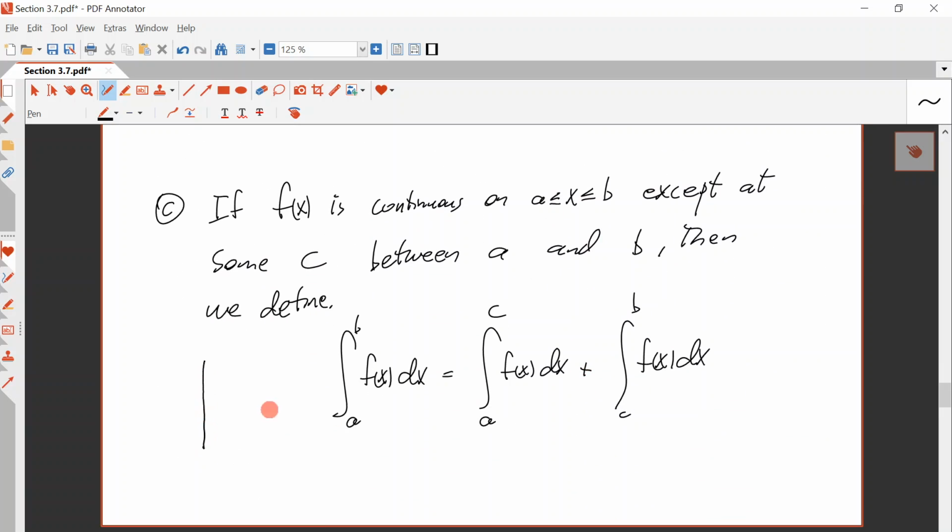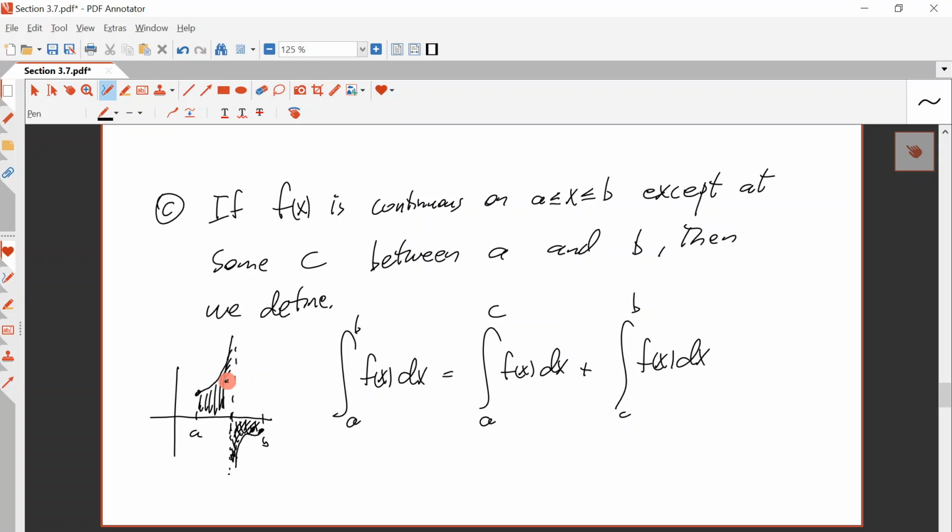Right? So this is like a function that looks like this. So a, b, and then there's some troubling spot c in the middle, and the function maybe is climbing up the asymptote in different directions. When you're trying to calculate the area here, you calculate those areas separately.